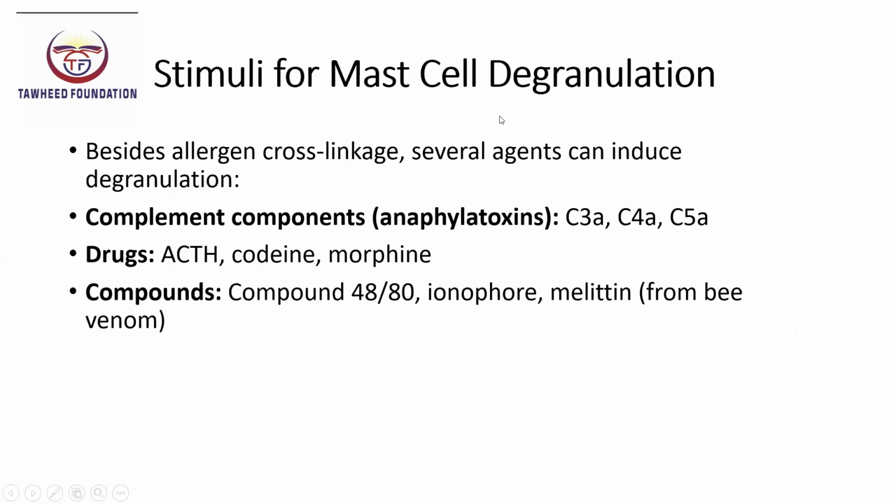Next is stimuli for mast cell degranulation. While allergen binding to IgE is the primary trigger for mast cell degranulation, it is important to know that other stimuli can also activate these cells. Complement components, specifically the anaphylatoxins C3a, C4a, and C5a, can directly stimulate mast cells to release mediators.